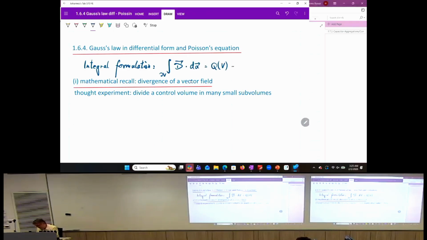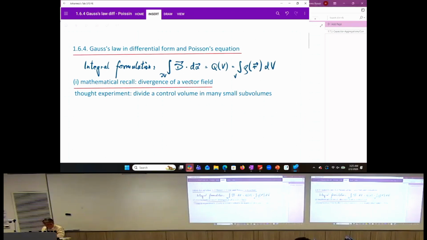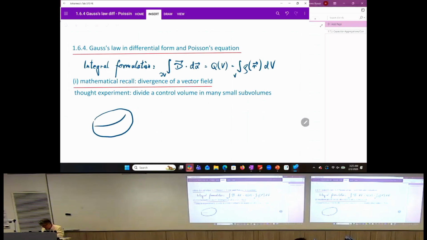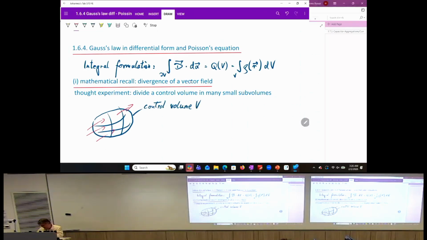This charge enclosed in the volume we also obtain by taking the volume integral over rho, our space charge density. Remember, this is our control volume. And we have entering field lines, and also leaving field lines that are exiting again.